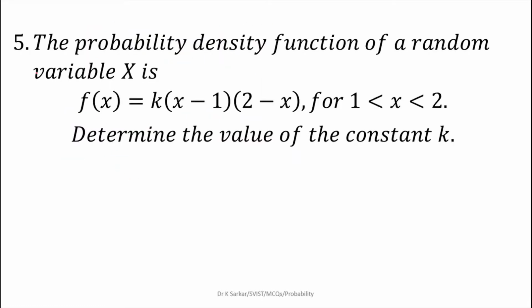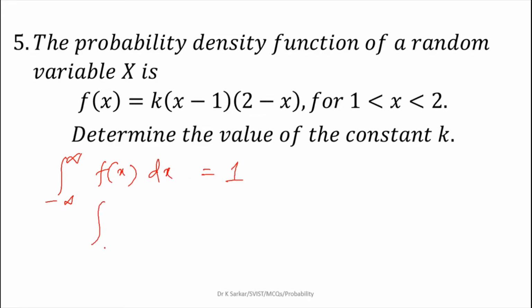Question number 5. The probability density function of a random variable x is f(x) equals k into x minus 1 into 2 minus x for 1 less than x less than 2. Determine the value of the constant k. We know minus infinity to infinity f(x) dx equals 1.